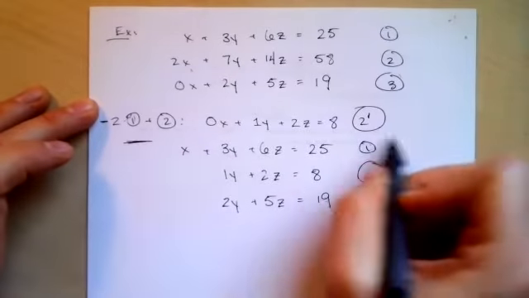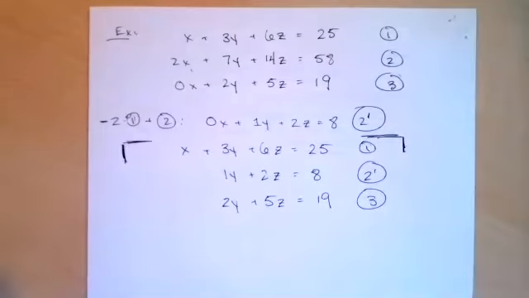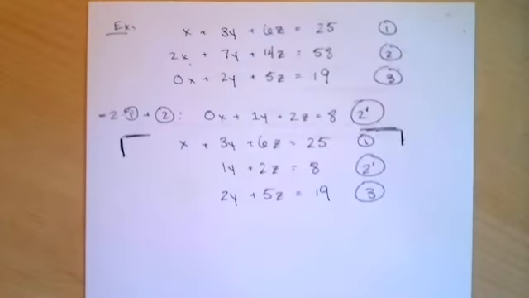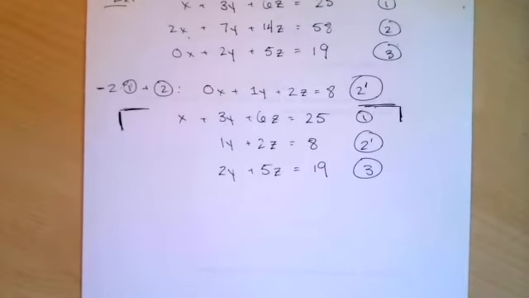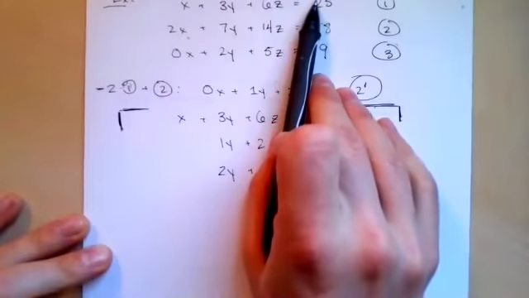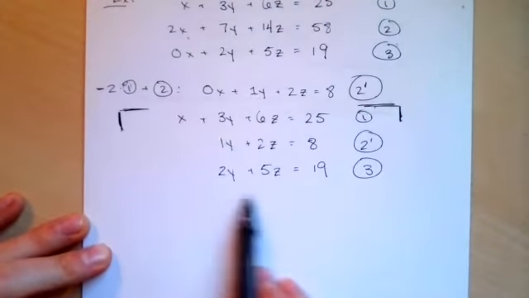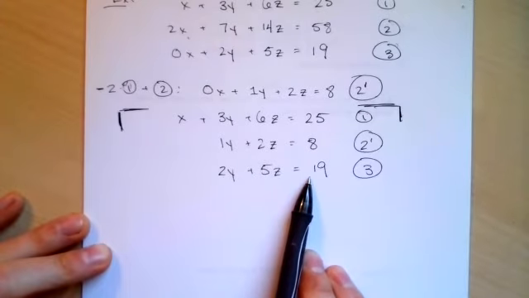I try to box my work, putting little corners just to organize different statements and different sections that I'm working on. So now the solution to this system of linear equations is equivalent to the solution of this system of linear equations.